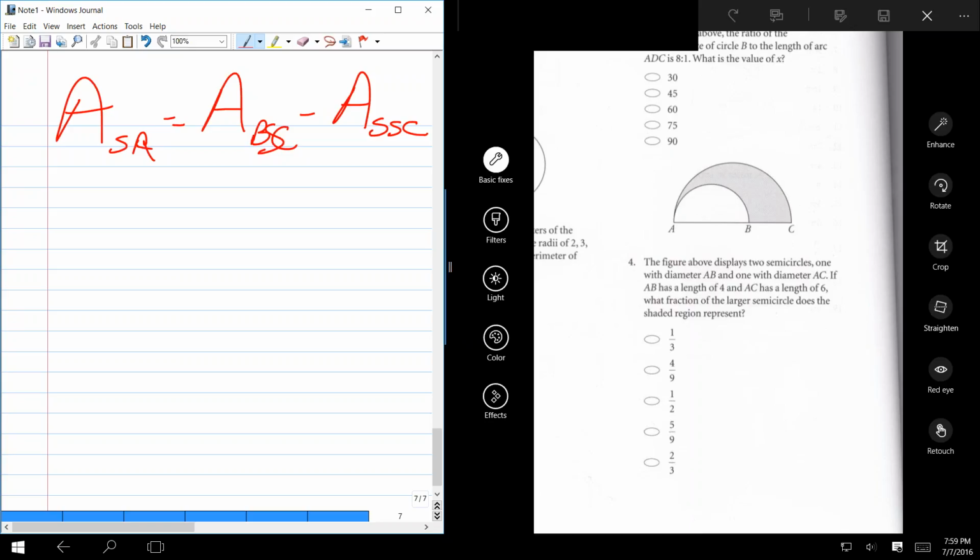The initial start of this problem is to figure out that shaded region problems are subtraction problems. It's the area of the larger semicircle minus the area of the white semicircle. That gives you the area of the shaded region. So, what's the area of the big semicircle?